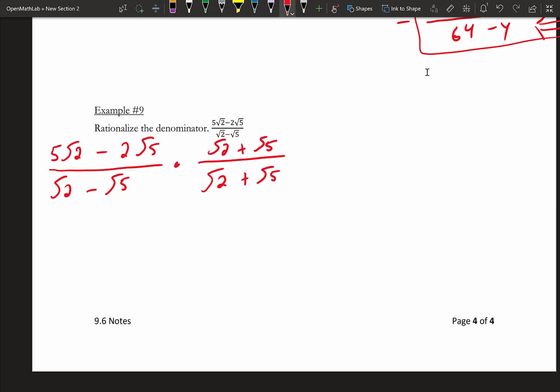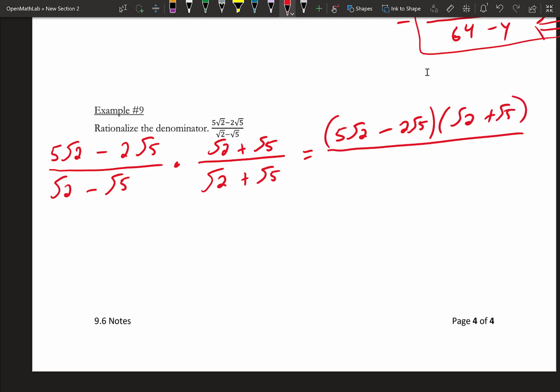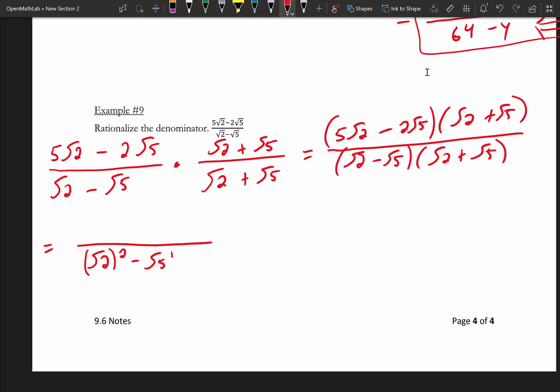Right, multiply the top and bottom by the conjugate, which gives me 5 radical 2 minus 2 radical 5 times radical 2 plus radical 5 all over radical 2 minus radical 5 times radical 2 plus radical 5. So the denominator is just a squared minus b squared, so radical 2 squared minus radical 5 squared.